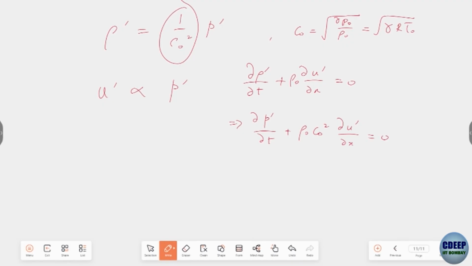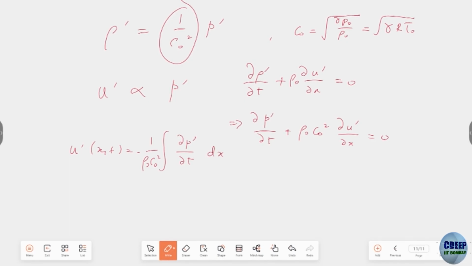If I want to find out U prime, I have to integrate this equation. Because it's a partial differential equation, I have to do a partial integration. So I'll write U prime as a function of x and time as the partial integral in x of minus 1 by rho naught C naught square del P prime del T dx.